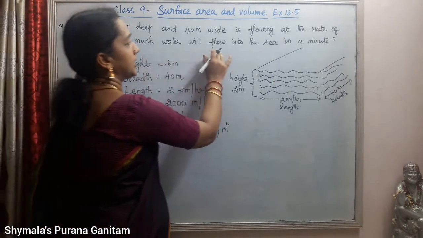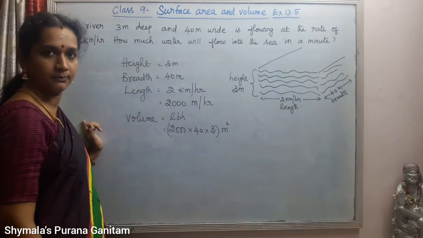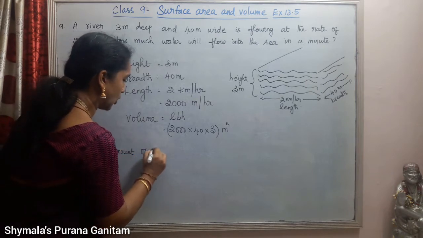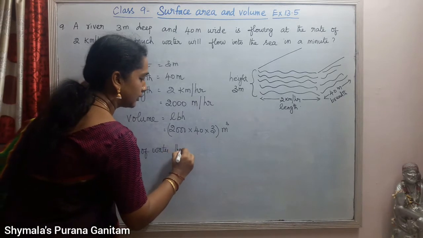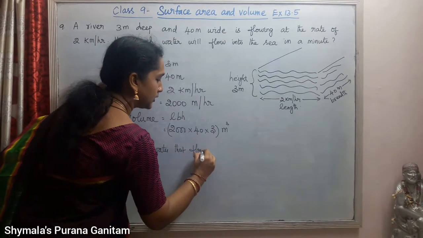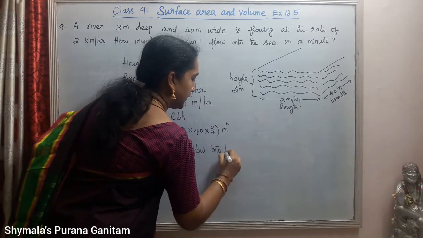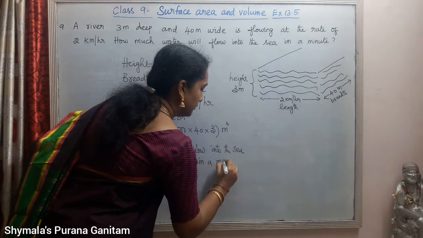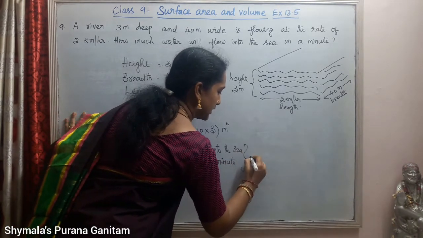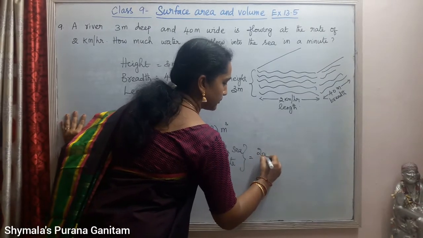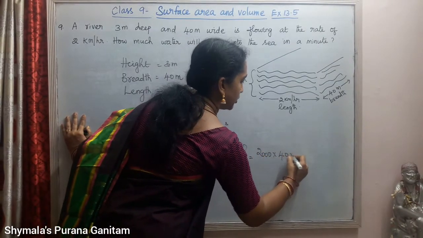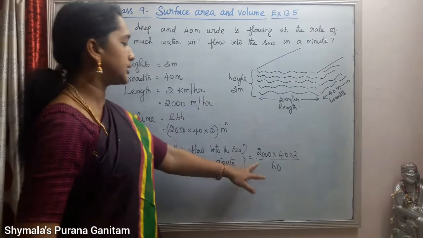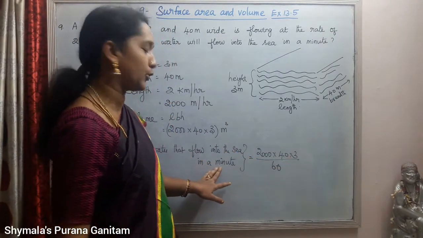Then how much water will flow into the sea in a minute? Okay, so the amount of water that flows into the sea in a minute is equal to 2000 into 40 into 3 divided by 60, for a minute.